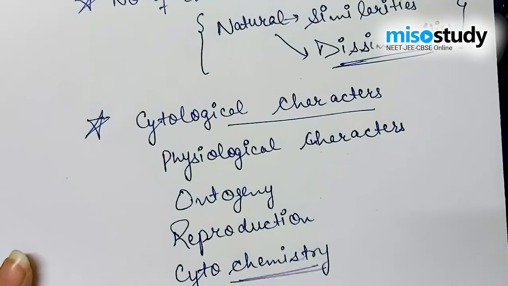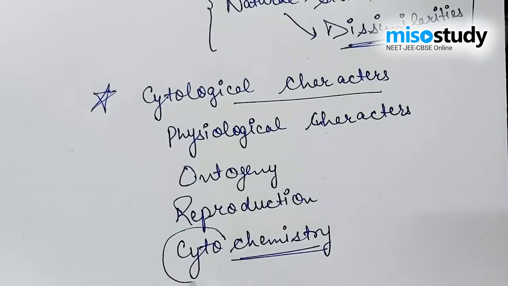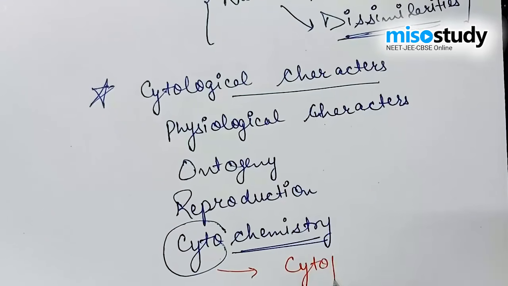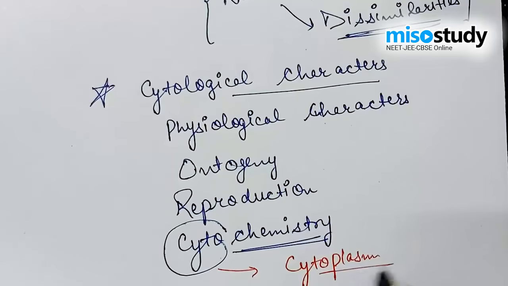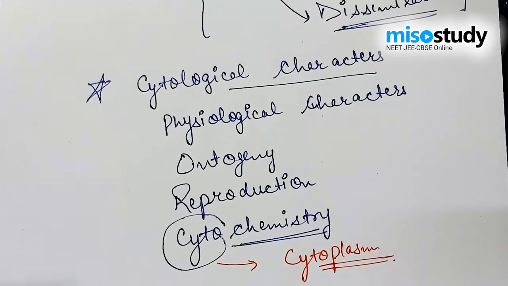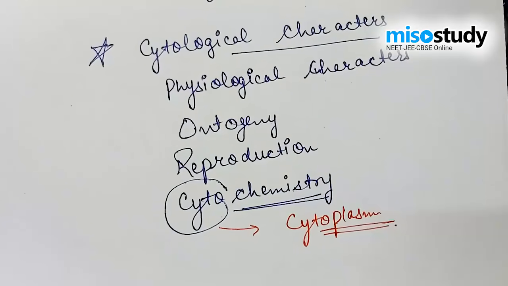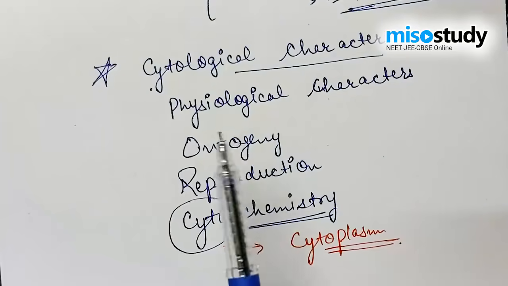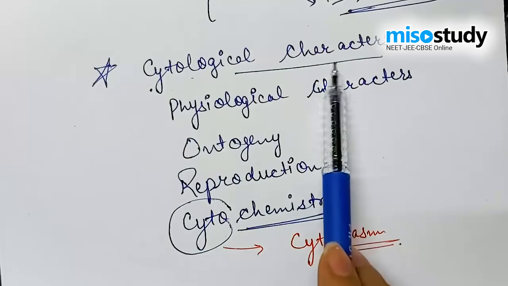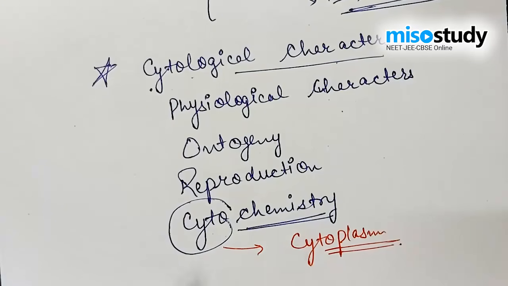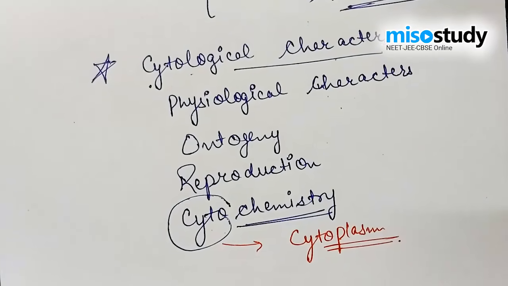The chemical reactions take place in the cyto, meaning cytoplasm. So in the natural system of classification, which was put forward by Bentham and Hooker, the various points include cytological characters, physiological characters, ontogeny, reproduction, cytochemistry as well.